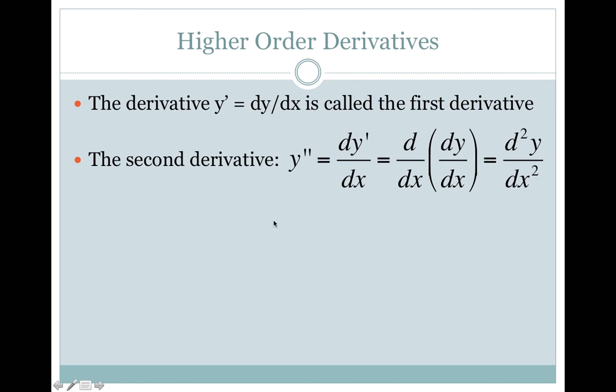The first one being y double prime, saying it is the derivative of y prime with respect to x. Or we can say it's the derivative of the function where that original function is dy dx. Or we can say the second derivative with respect to x. And it just continues that way.